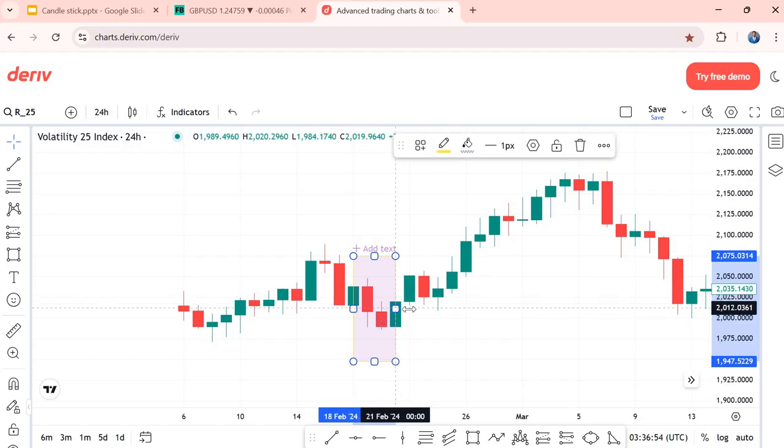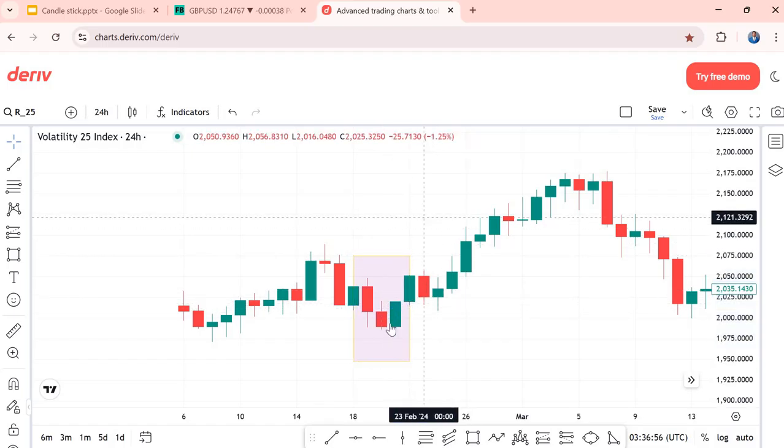All right, guys, this is good. Now let's look at these three candles: the bearish candle, and the bullish candle. This is an example of a Morningstar candlestick pattern.